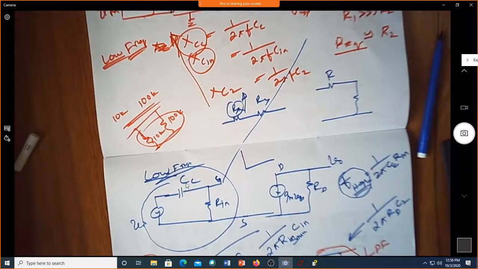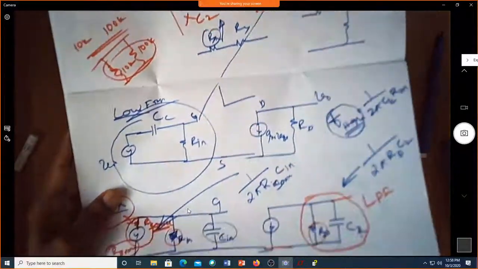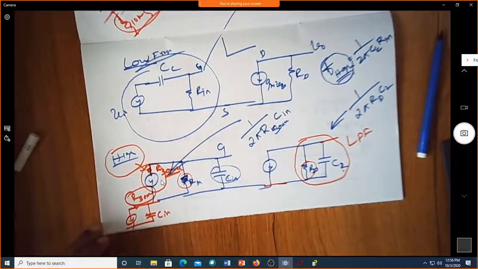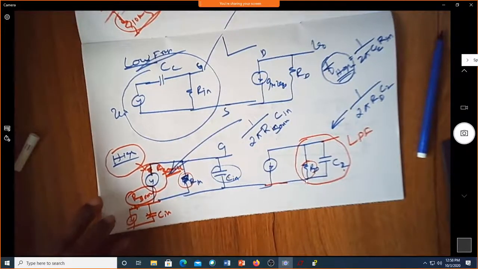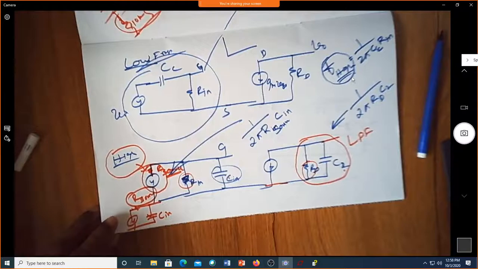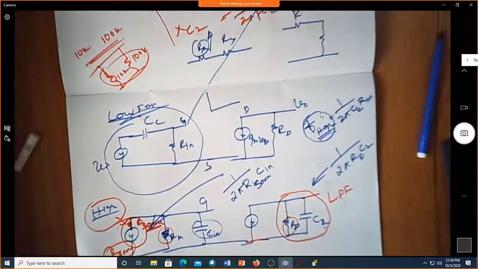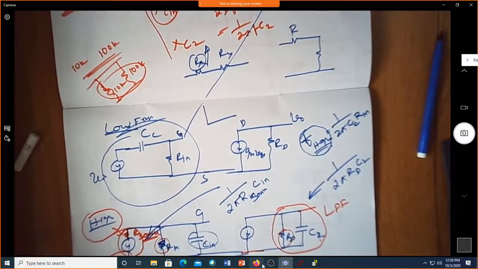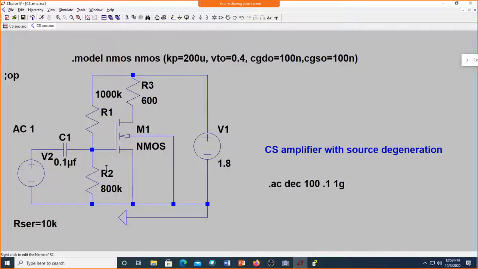Its cutoff frequency is decided by CC and Rin, and we have two low pass filters at higher frequencies. One is because of this R source and the input capacitance, and of course we have C2 and RD. So that's what we tried to verify. If I change the value of CC and Rin, the cutoff frequency of the high pass filter was changing. That's what we verified here.